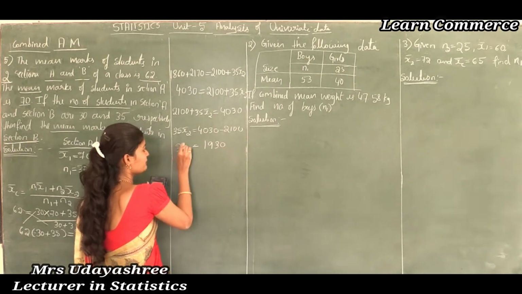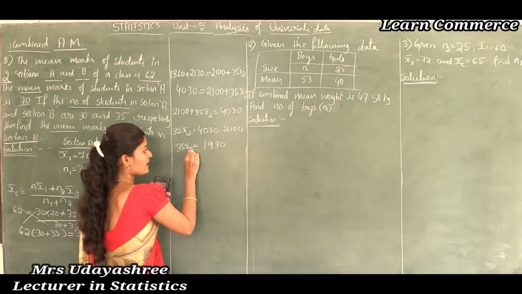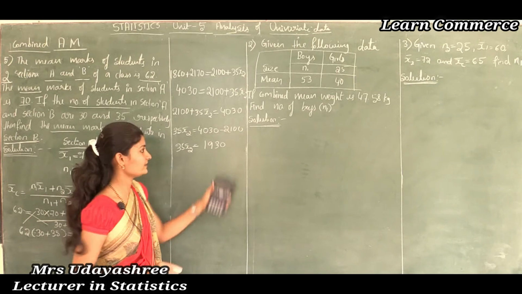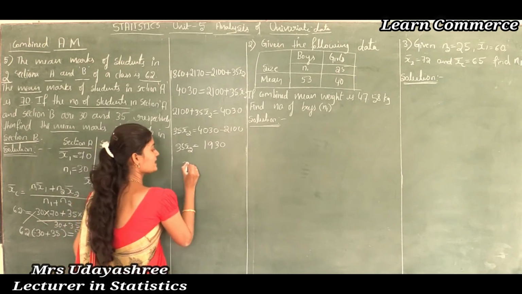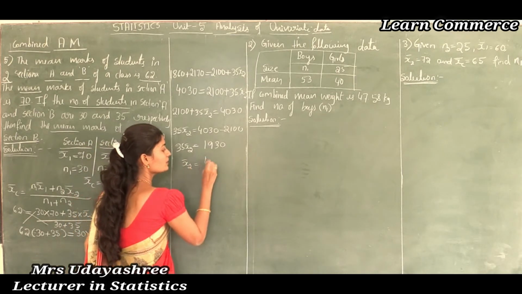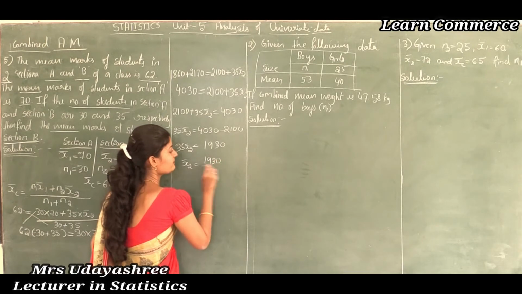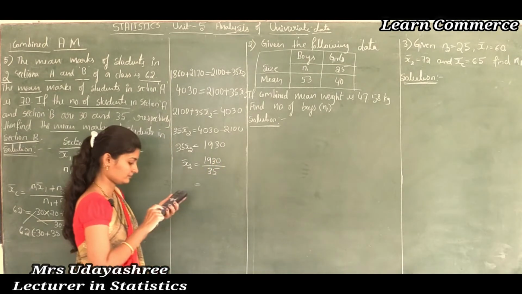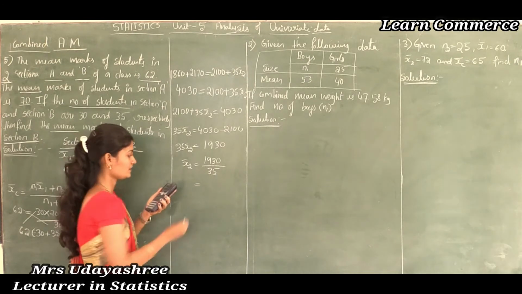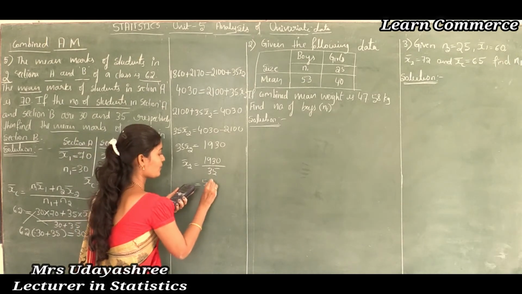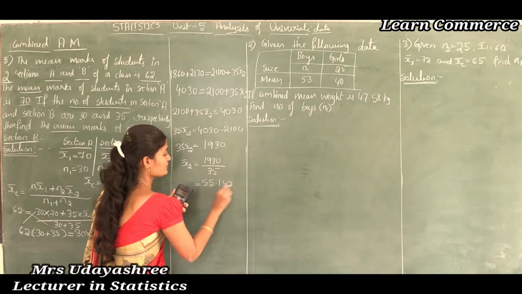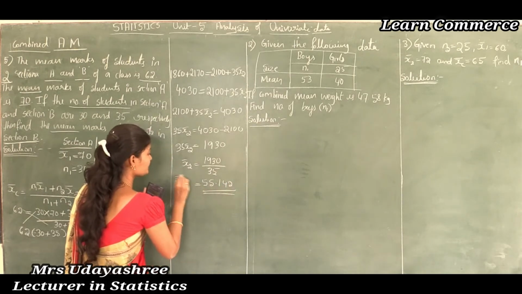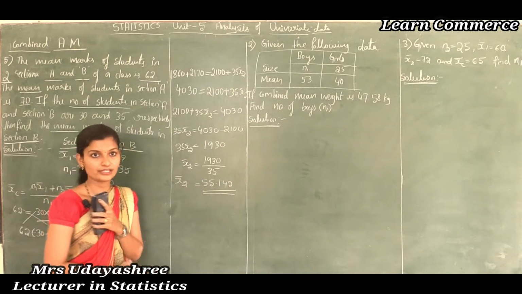So here 35 into x bar 2 is equal to 1930. Next, x bar 2 is equal to 1930 divided by 35, that is 55.142. So here we got the x bar 2 value as 55.142.